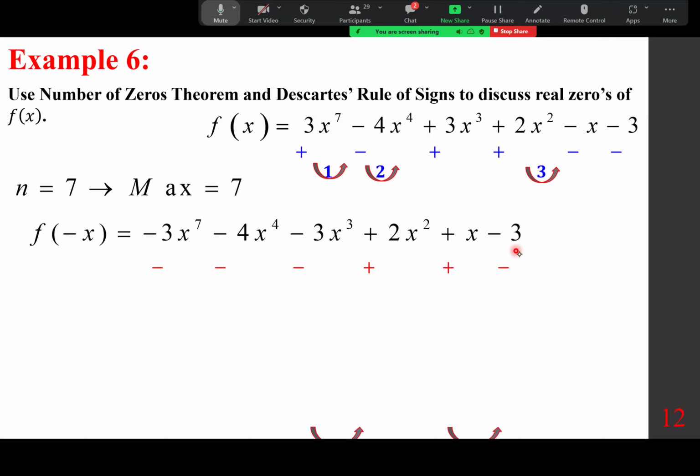And we say we have 1 and 2 changes. So we have 2 maximum, 2 negative values.